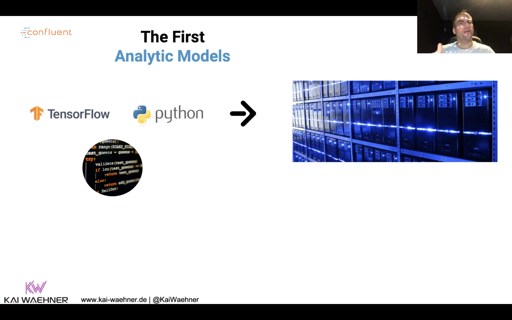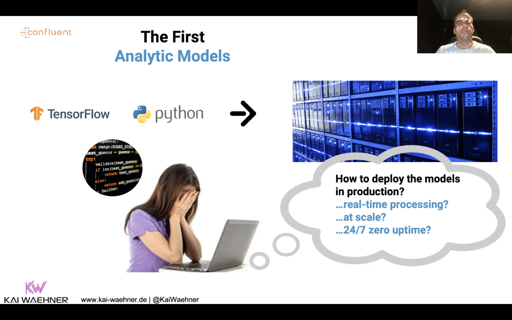So as this talk is about Kafka and machine learning and how this can help you, let's think about that again. And this is really also true for the examples I showed before from different customers. On the one side, you always have the data scientists. They leverage Python and their favorite ML framework or algorithms to build some algorithms or models. But the big question then is, how do you deploy this to production at scale?